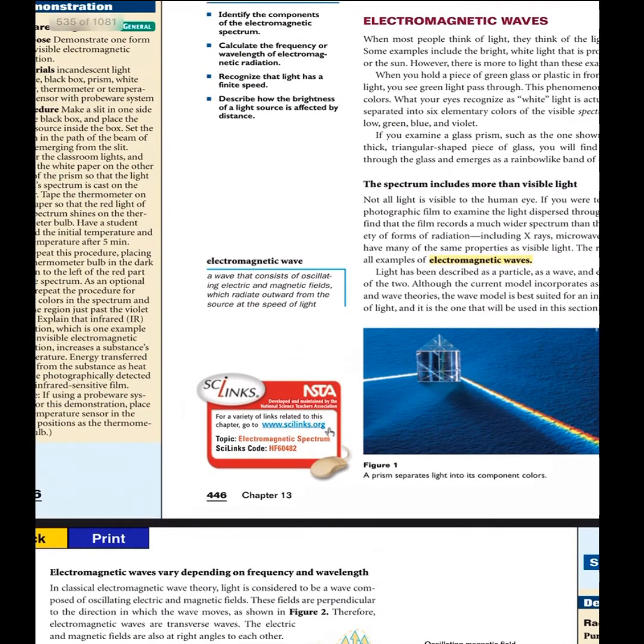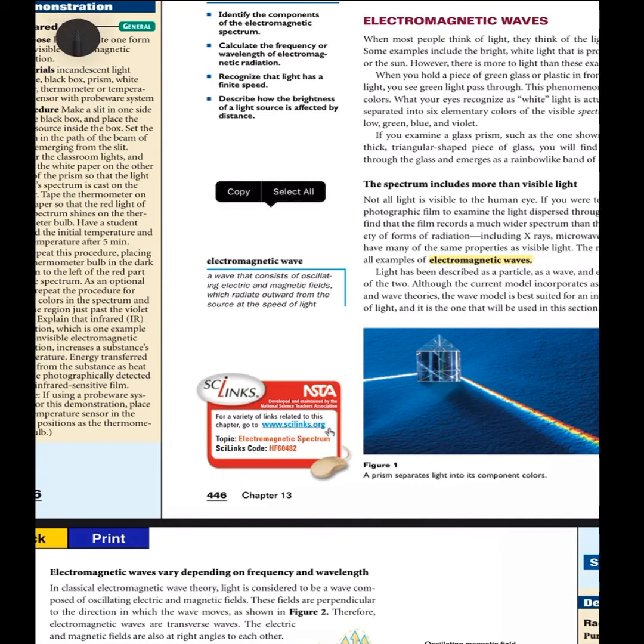Here is the definition of the electromagnetic wave: the wave that consists of an oscillating electromagnetic field, which radiates outward from the source at the speed of light. The speed of the electromagnetic wave is the speed of light.